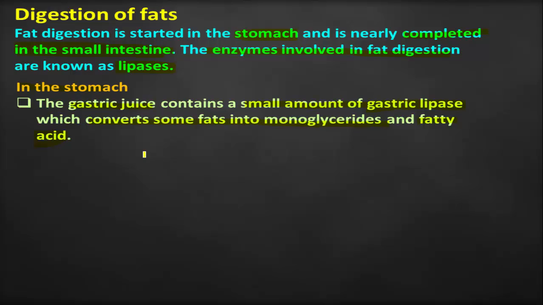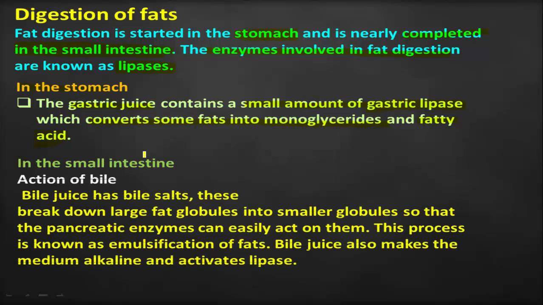So there is no complete breakdown of fats even though the enzyme is present in the stomach. The gastric juice of the stomach contains gastric lipase, and this converts some fat into monoglyceride and fatty acid. Then have a look at what happens in the small intestine.